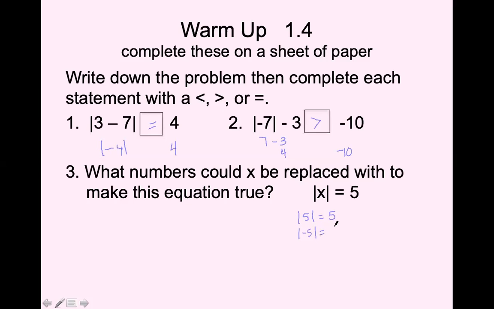Both of those work. So the values of x that would make this true would be x equals 5 and x equals -5. A lot of times you'll see that written as a shorthand of x equals plus or minus 5, which means positive or -5. All right, let's look at our next slide.